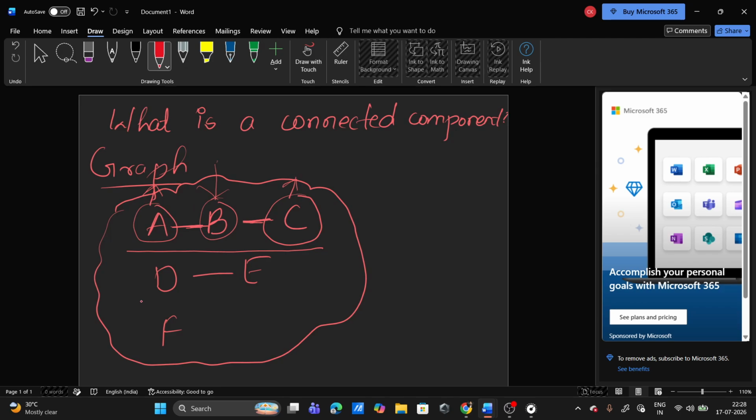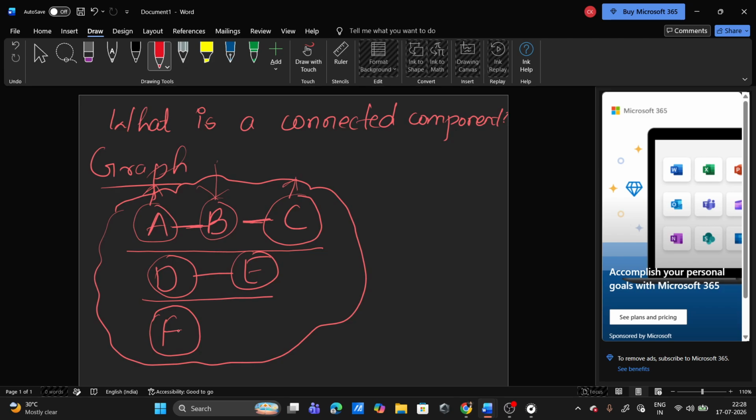Now, let's see this. If you are at D, you can reach E. If you are at E, you can travel back to D. Therefore, this component is also connected. What about this lone vertex? Can we say something about whether it is a connected component or not?